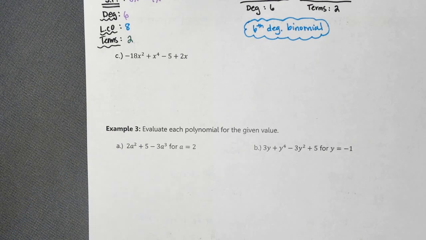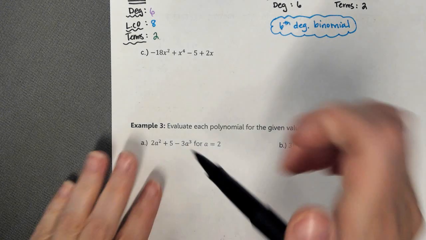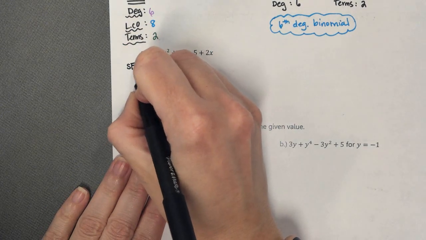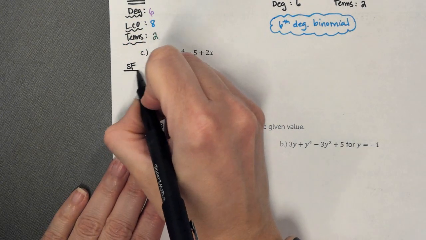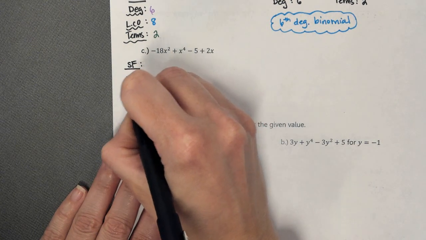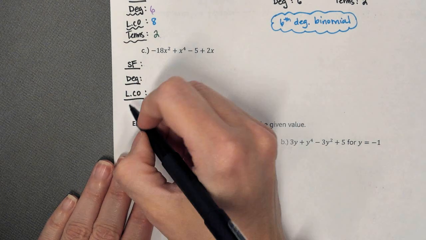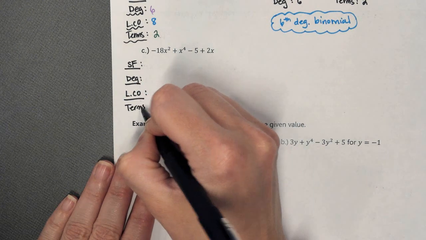Okay, and then for part C, we're going to do the same thing. So you can abbreviate like I am. We're going to have to do standard form, the degree, the leading coefficient, and then the terms.